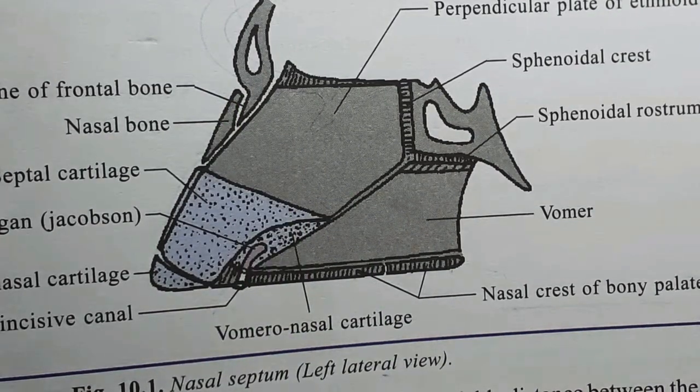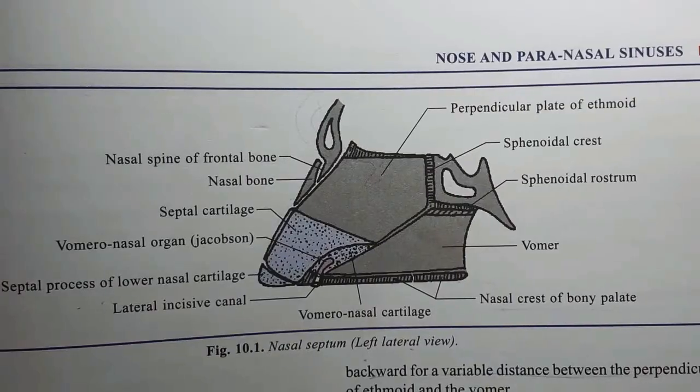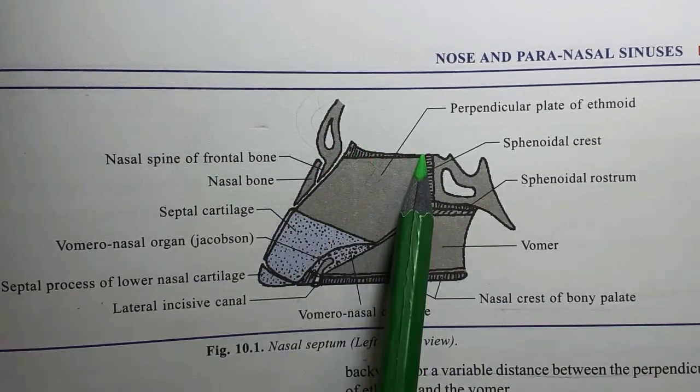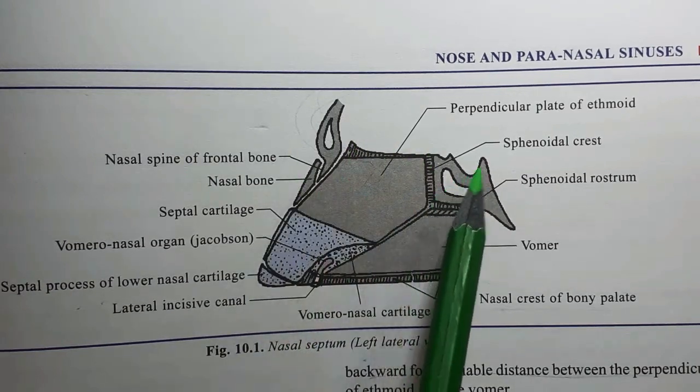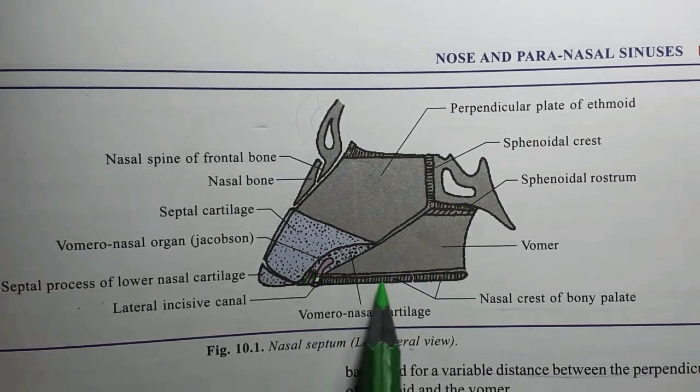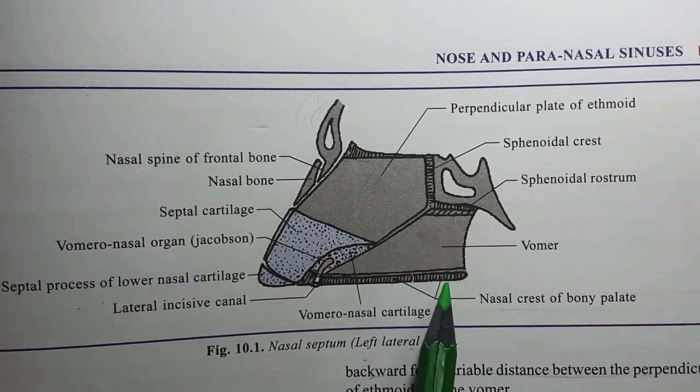The other bones that form the nasal septum are the cribriform plate of the ethmoid above, the sphenoidal crest, the sphenoidal rostrum, and the nasal crest of the bony palate. This one is formed by both the maxillae and the palatine bone.